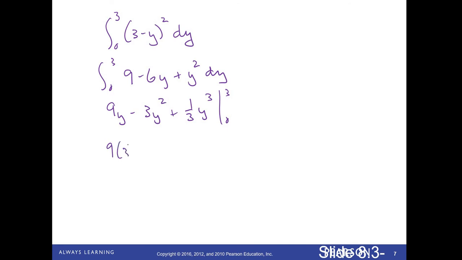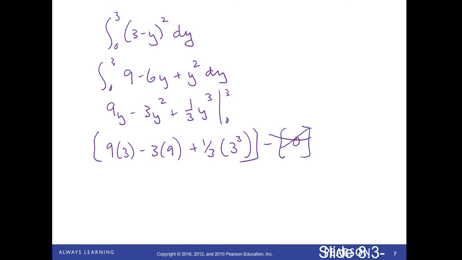So that's 9 times 3 minus 3 times 9 plus 1/3 times 3 cubed, minus, plug in 0, I get a big fat 0. 9 times 3 minus 3 times 9 cancels, and I end up with 1/3 times 3 cubed, which is 3 squared, or 9.